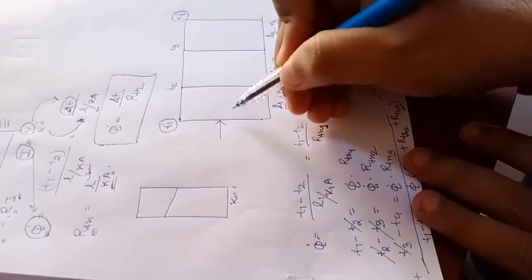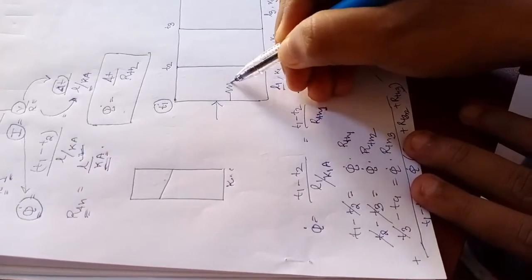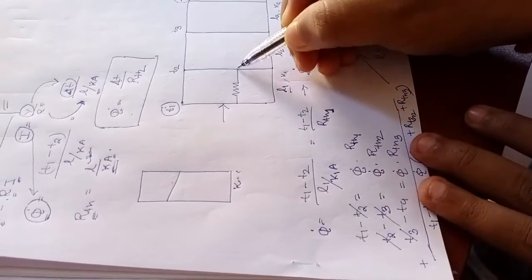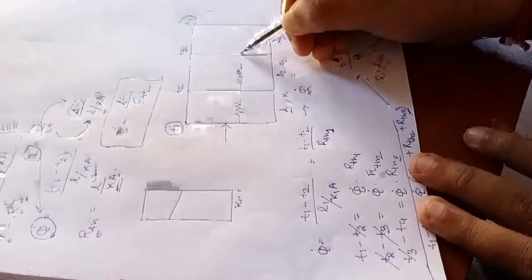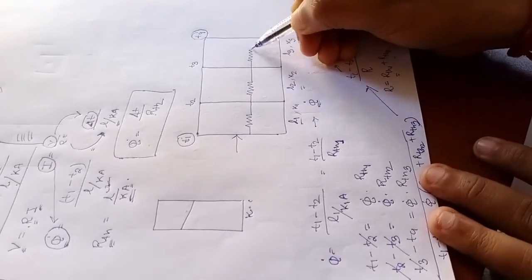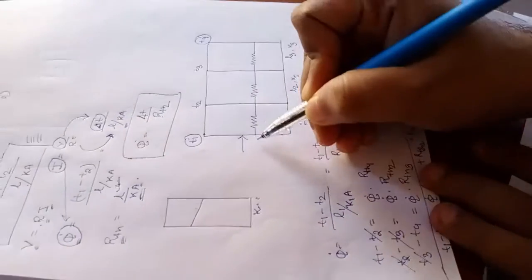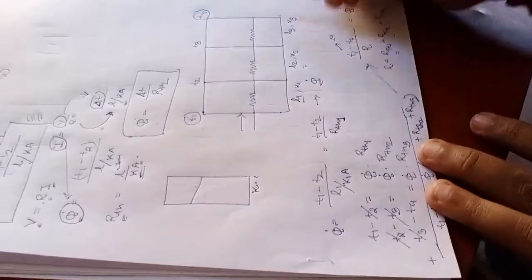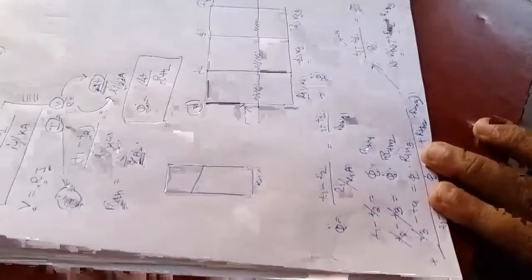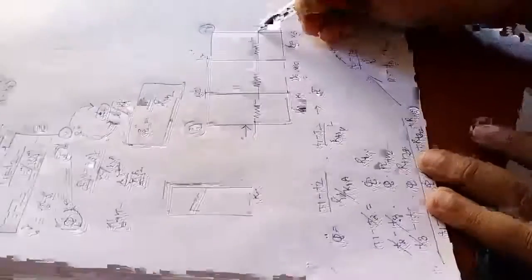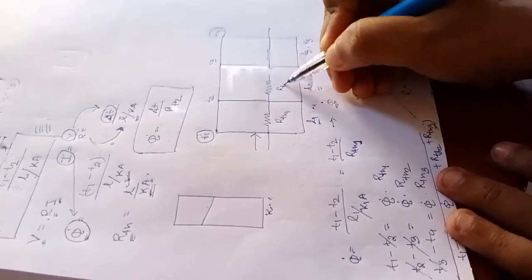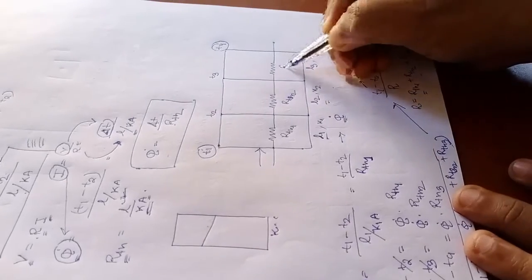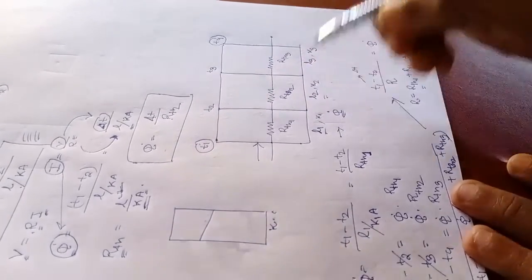Now if we draw the similarity with the electrical analogy, it follows the electrical circuit: RTH1, RTH2, RTH3.